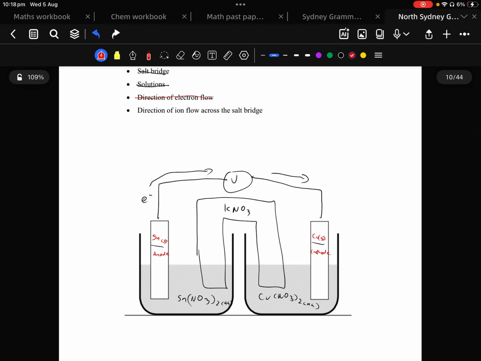So because Sn loses electrons, it forms Sn2+ ions in the solution because the atoms fall down into the solution.